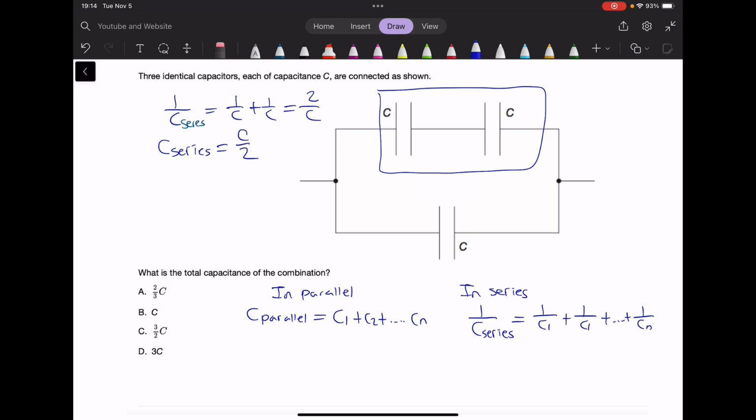And then the circuit simplifies to something like this. And the total capacitance here, C parallel, we add up each individual capacitance, is equal to a half C plus C, which is equal to 3 over 2 C. So C is the answer.